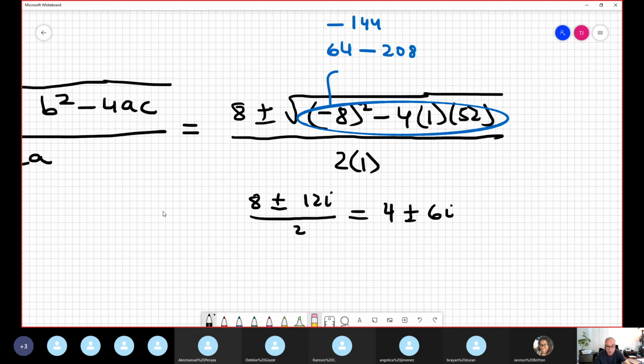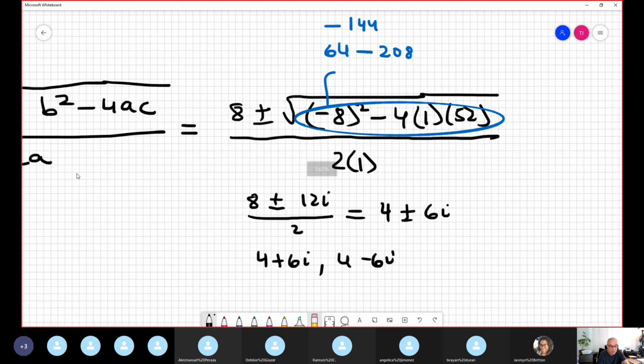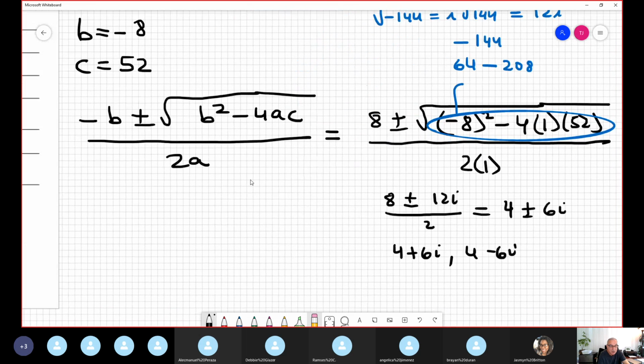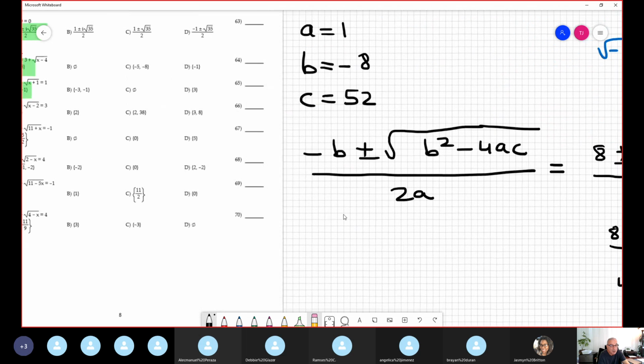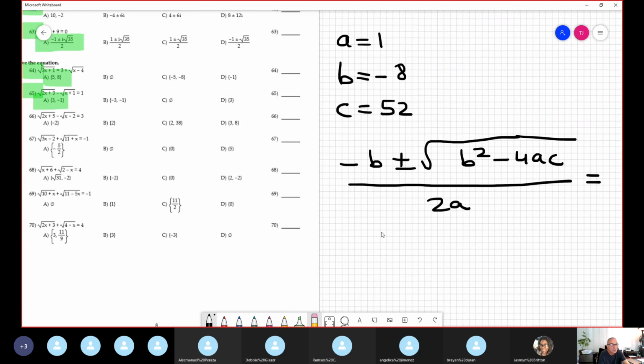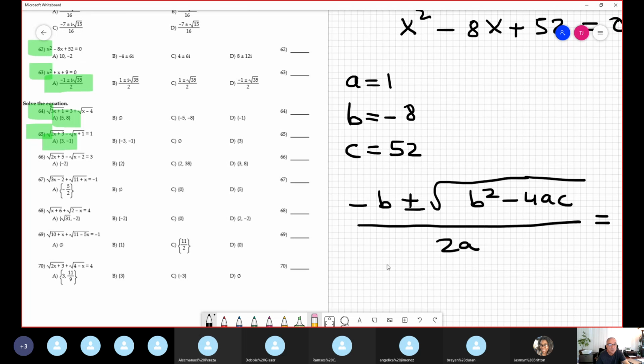It's 4 plus or minus 6i. So actually it's 4 plus 6i, comma, 4 minus 6i. I don't know if using the double sign plus or minus, or not. Ah, yes, 4 plus or minus 6i. This is the answer.